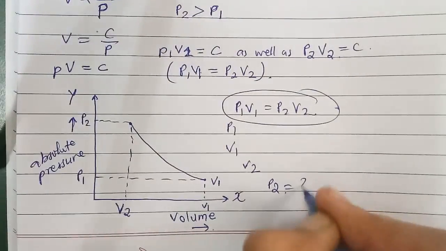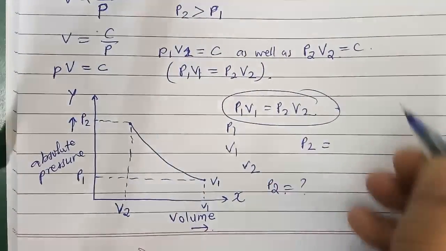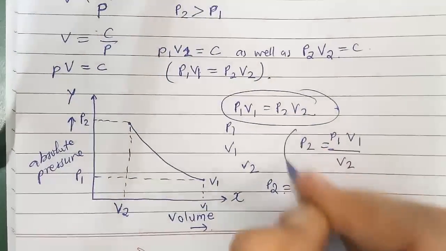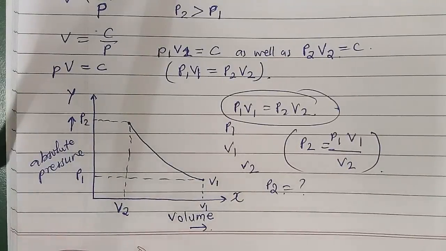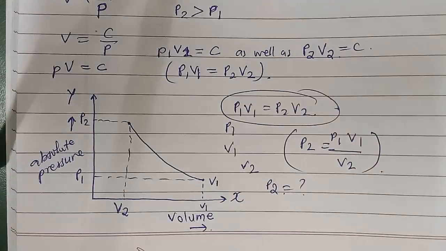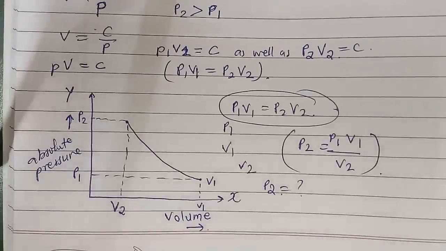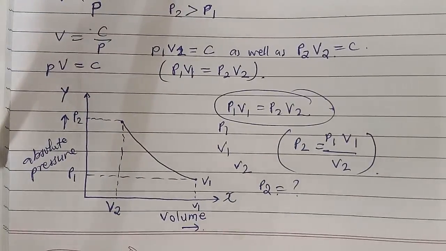Since P2 is missing, or we have to find that one, you can do it like this: P2 equals P1 V1 divided by V2. In this way, by simple mathematics, using Boyle's law, you can find the final pressure, the initial pressure, the final volume, or the initial volume. So that's the use of Boyle's law. It's applicable in further thermodynamic processes also, which we will see later on.